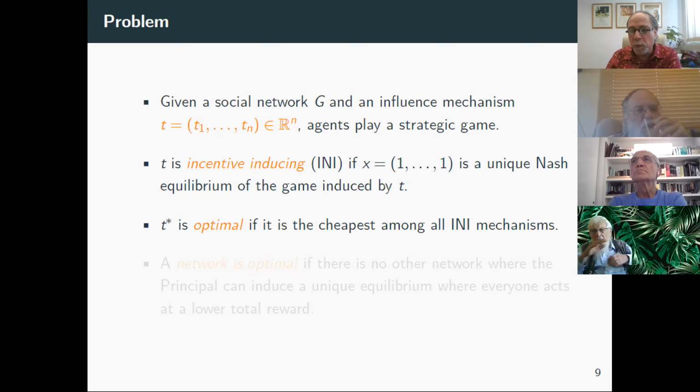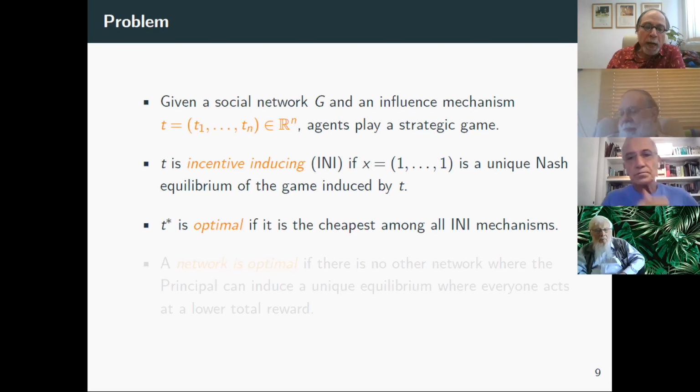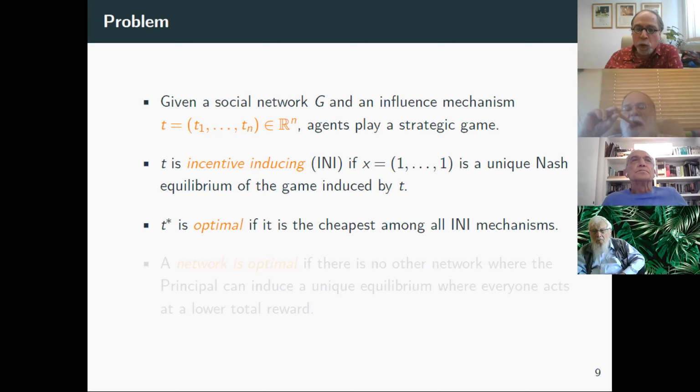That's what the principal wants to achieve. He wants to get everybody doing the action. I'm going to say that T is optimal if, on top of being incentive inducing, it's also the cheapest among all mechanisms that induce everybody to act in a unique equilibrium.